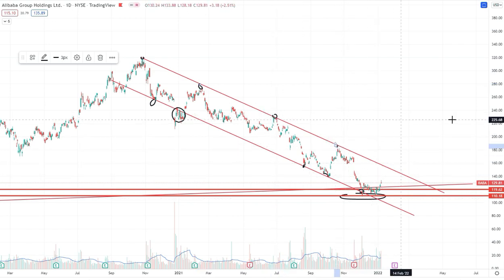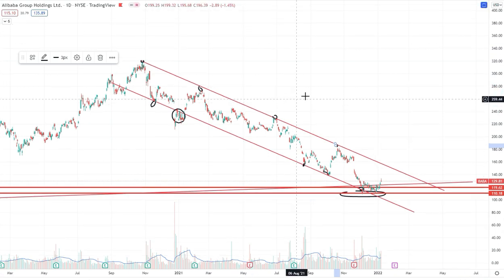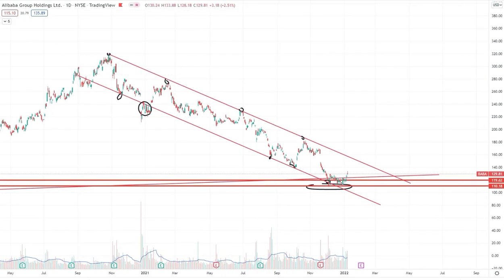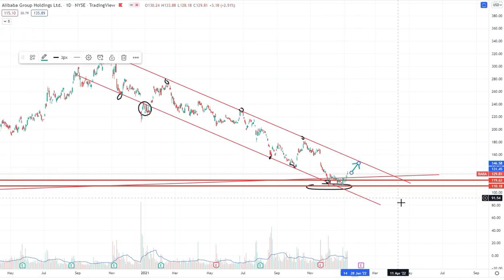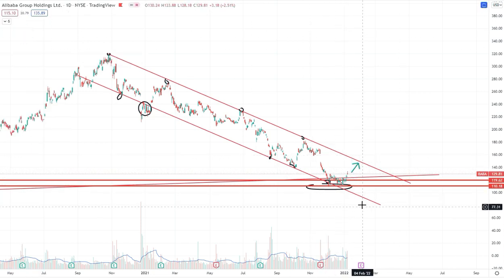What I would expect now, personally speaking, is to see the price reaching again the higher part of the channel anytime soon.